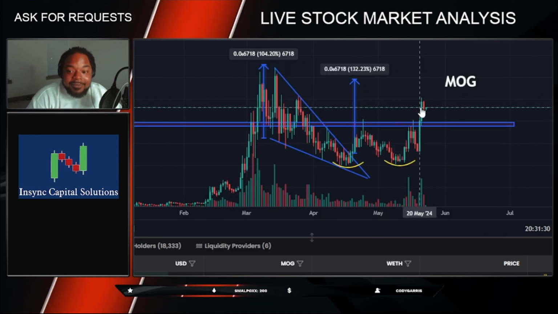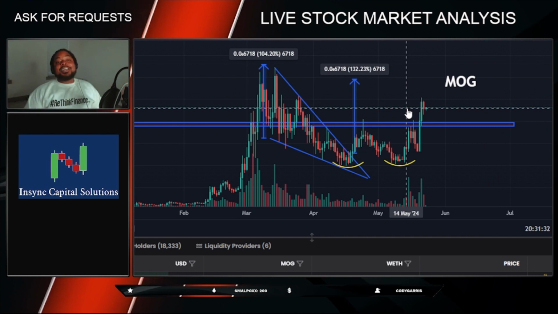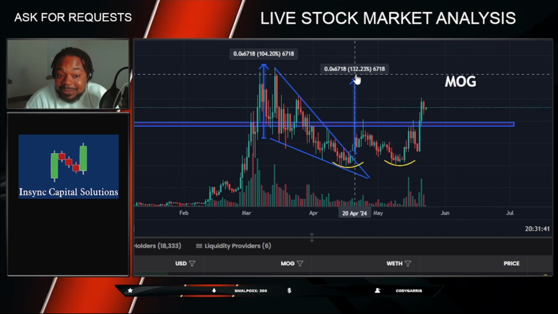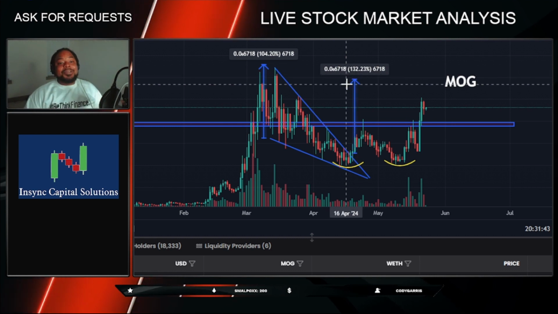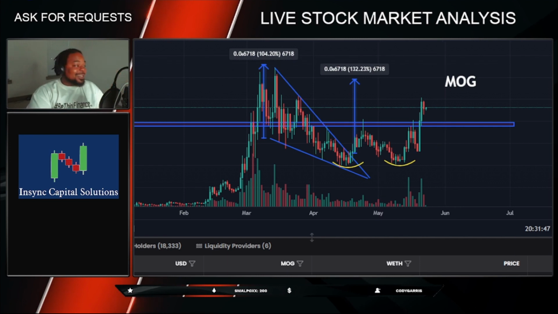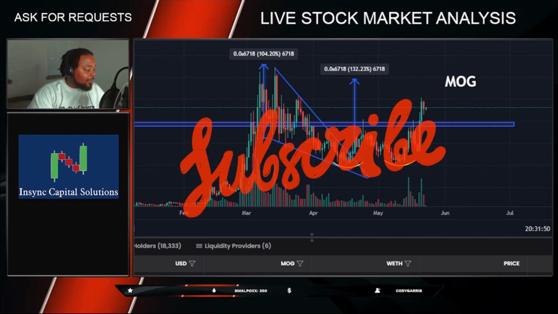And now you're above that level, and everything is all good on MOG while you sit above that level. I'm just saying. And you can see the measured move on MOG. It's 132%. So you're looking at over a 1x on your investment. I mean, and we're getting there. We're almost there.